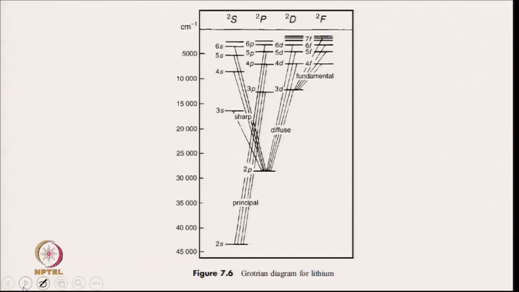So, here is the example, this is the diagram for the lithium atom. You can see that from 2p it can go to 3s, it can go to all the s of the 2s term, and 2p to all the d of the 2d term. And when the promoted electron is in s, for example this, this is called the sharp series.